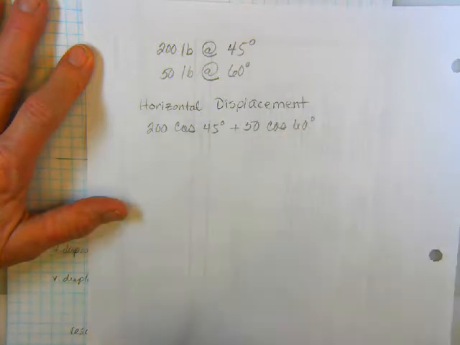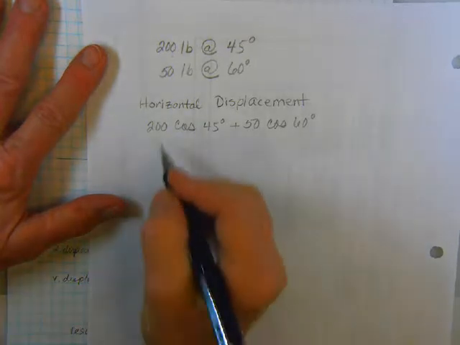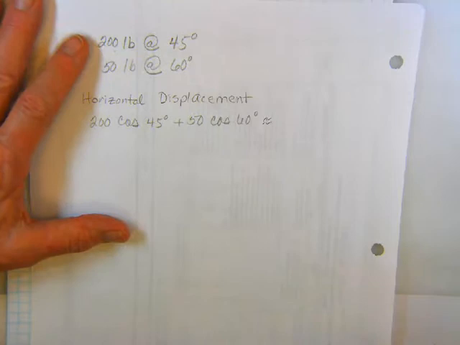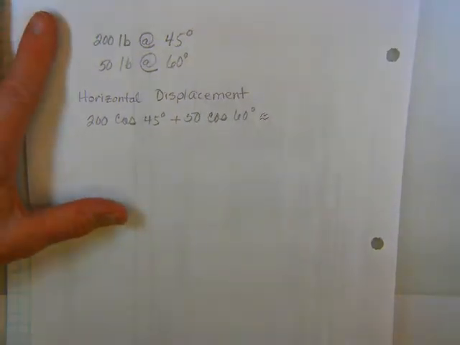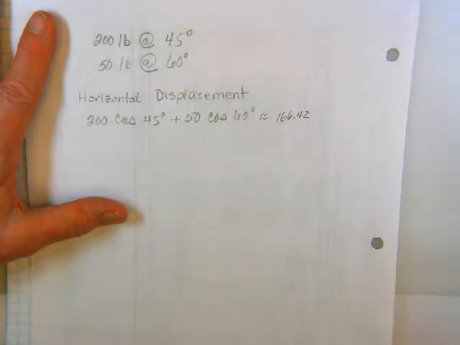Put that in your calculator right now, guys, and tell me what you get the horizontal displacement to be. 166.42. Everybody in agreement on that?